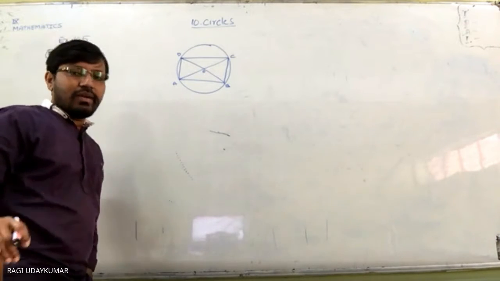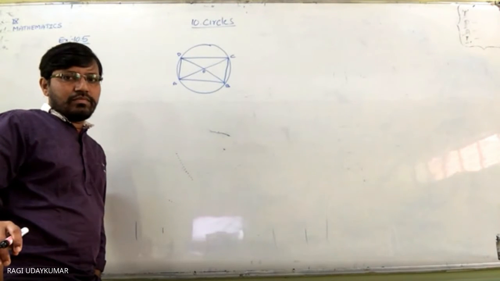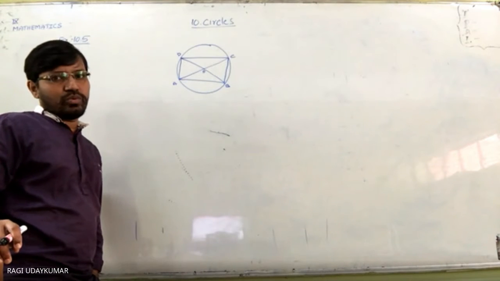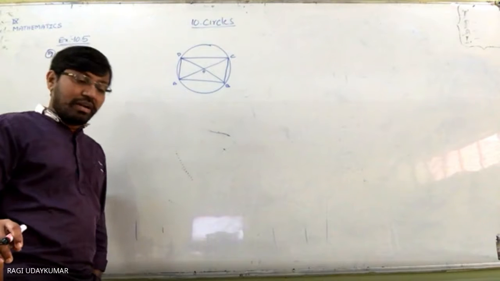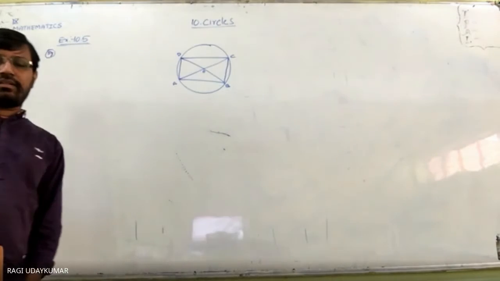Rectangle prove करने के लिए what you need to prove? To prove it is a rectangle, what is required for you to prove? Sir, all angles are 90 degrees. Only that? Sir, opposite sides are equal, all angles are 90 degrees. Opposite sides are equal.